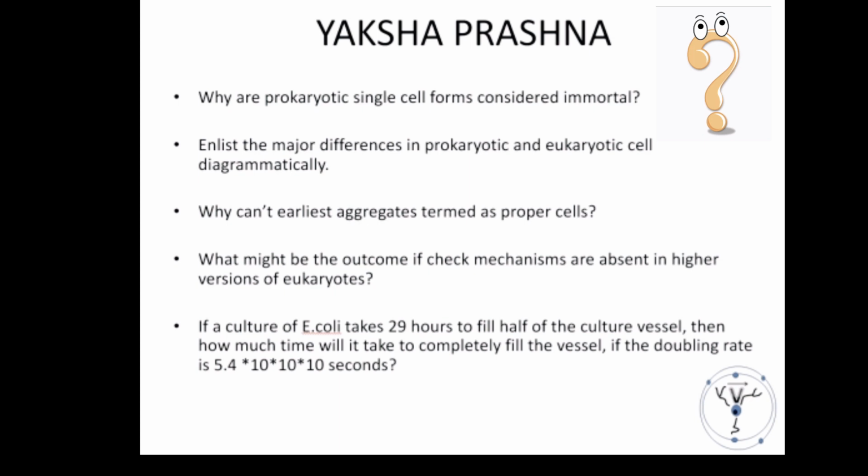In the upcoming part of the series, we will be picking up individual cell organelles, and we will be discussing the structure and function, and we will justify the functions of different cell organelles in prokaryotes and eukaryotes.